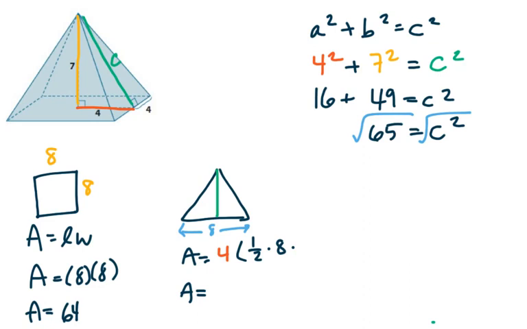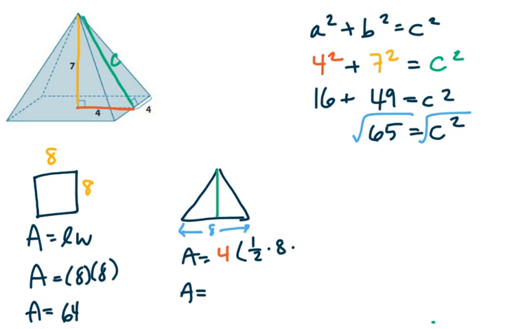I realize that that length C is also part of a triangle that runs down the center of the pyramid. So I'm going to use the Pythagorean theorem to find C, which is also the slant height, which will then help me find the height of each of those triangles. So we have work to do, and then we'll use it in other pieces.